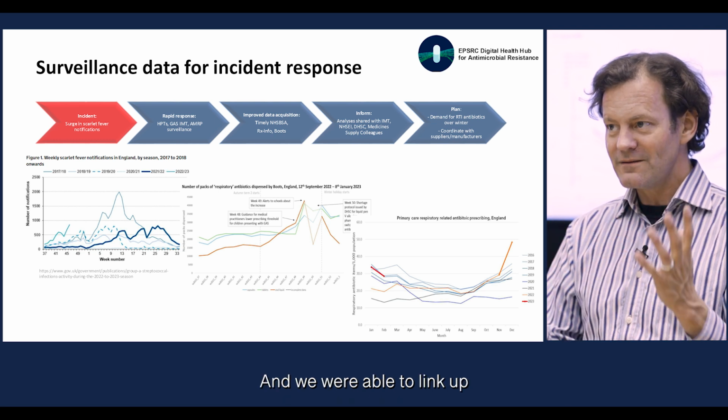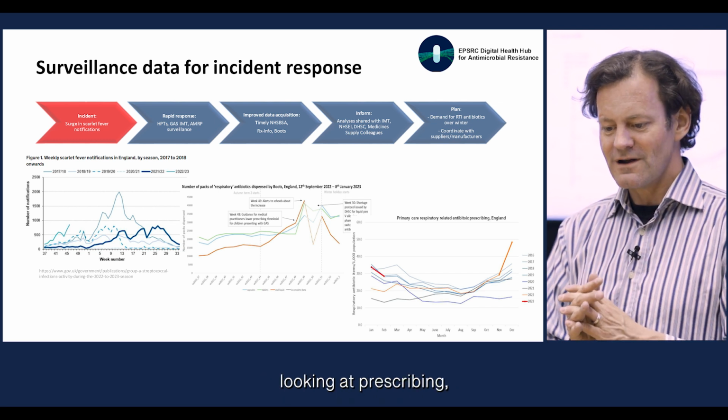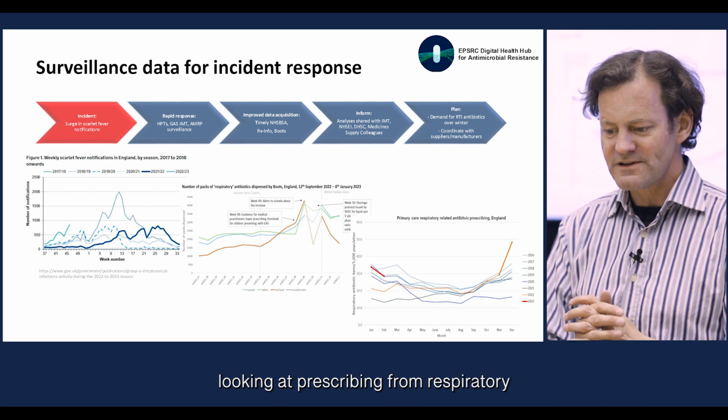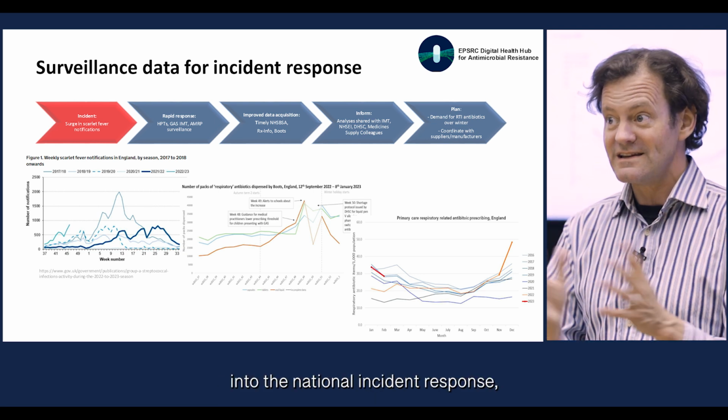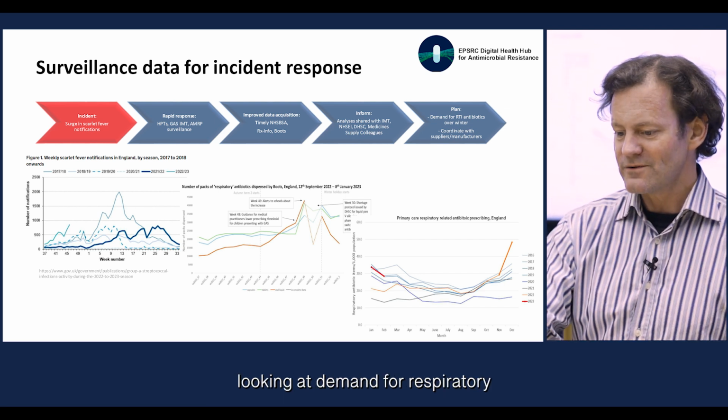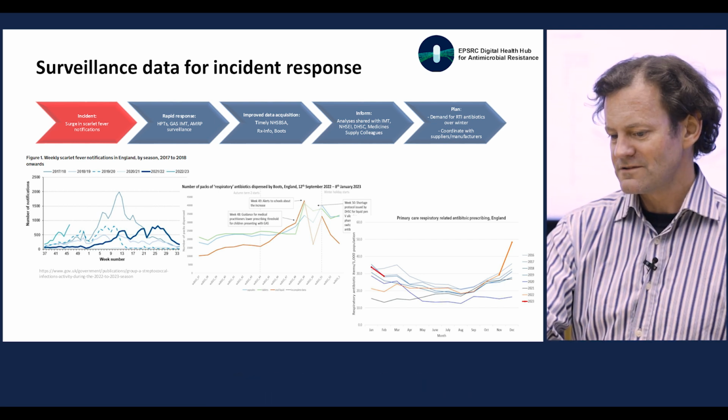And we were able to link up those national data sets, looking at prescribing from Boots, for example, and respiratory antibiotic prescriptions, and feeding into the national incident response and incident management structures, looking at demand for respiratory infection-related antibiotics.